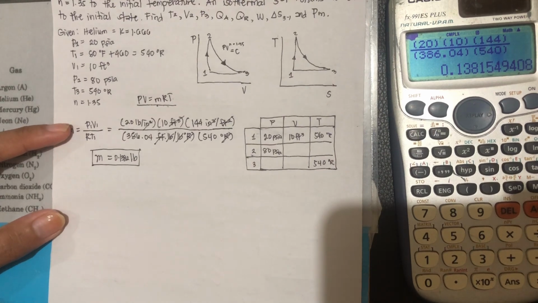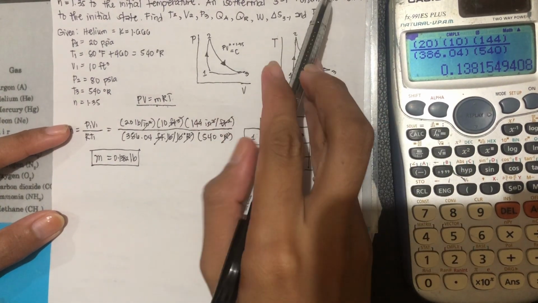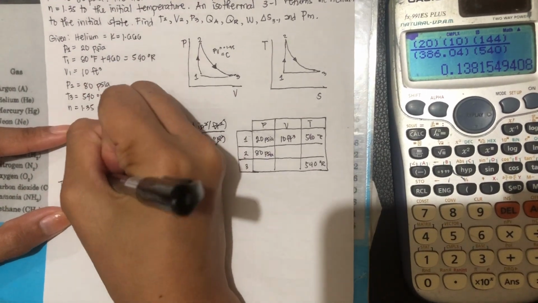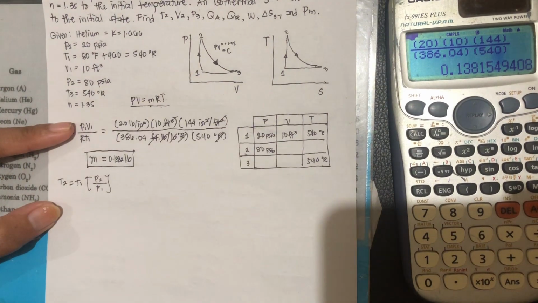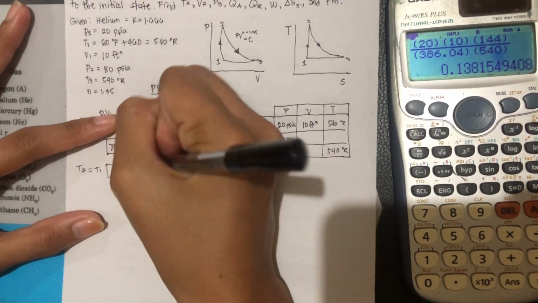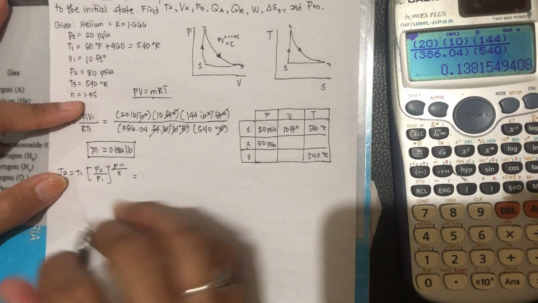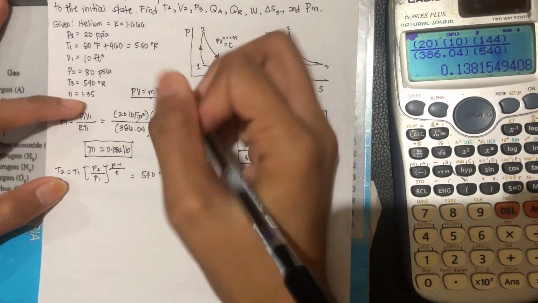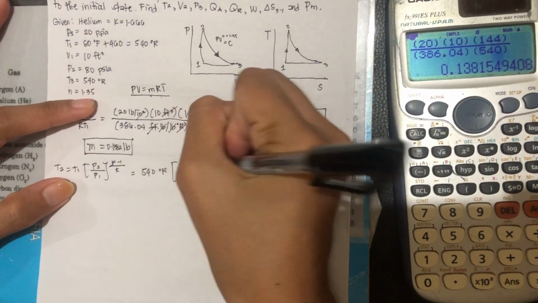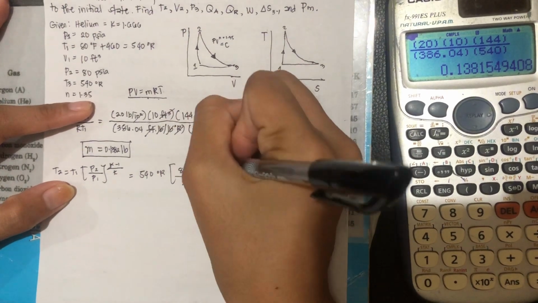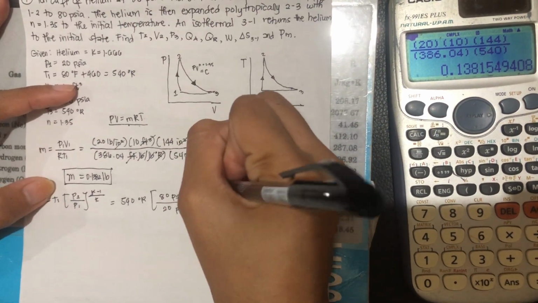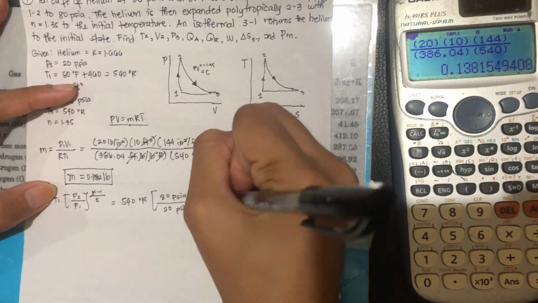We can use the isentropic process relation between temperature and pressure. T2 is equal to T1 times P2 over P1 raised to k minus 1 over k. Substituting, T1 is 540 Rankine, P2 is 80 psia over 20 psia, and k is 1.666, so 1.666 minus 1 over 1.666.